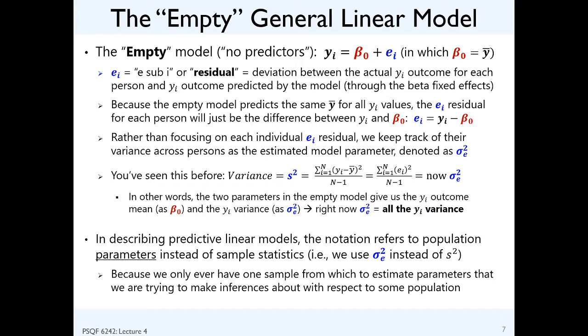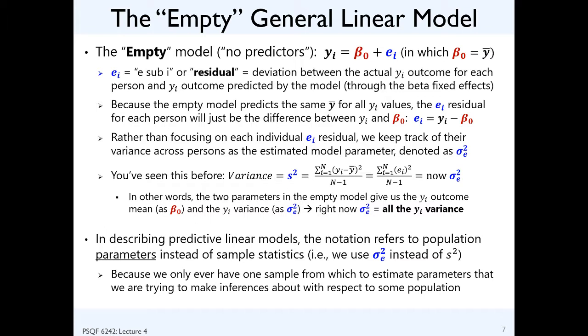This should look familiar. This is the definition of variance. Do you remember variance? It's right here. How far off each y is from the mean, squared, so that we don't accidentally cancel out the positives and negatives.